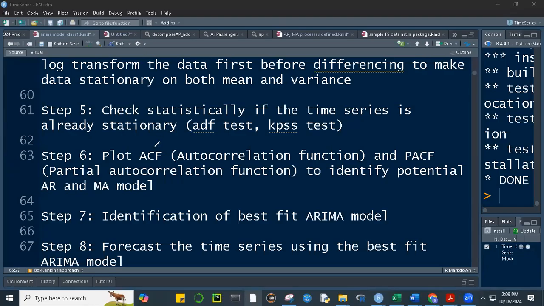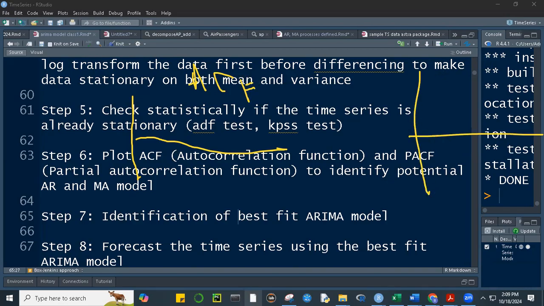Let me just illustrate this very quickly. ACF, and then this one is your PACF.